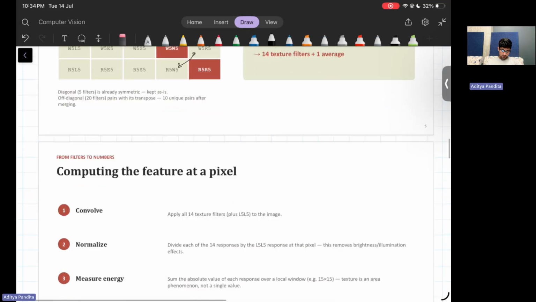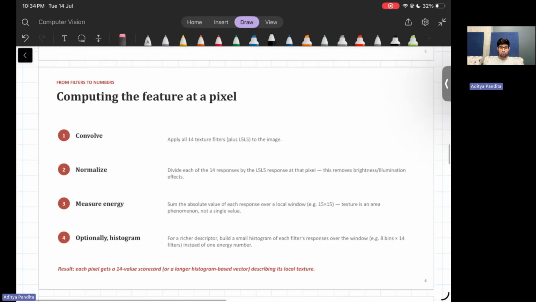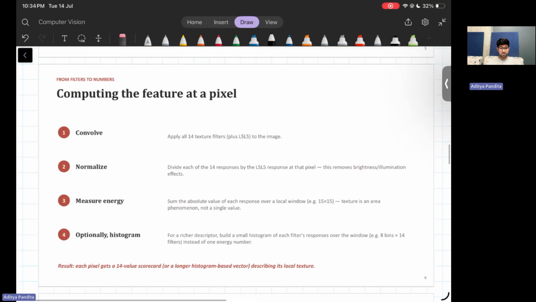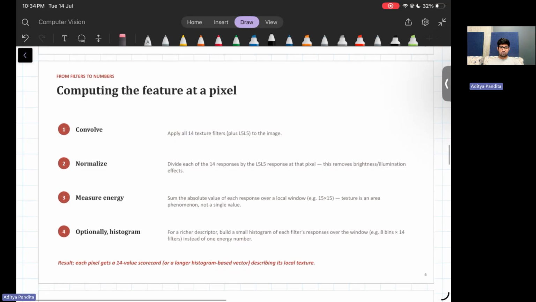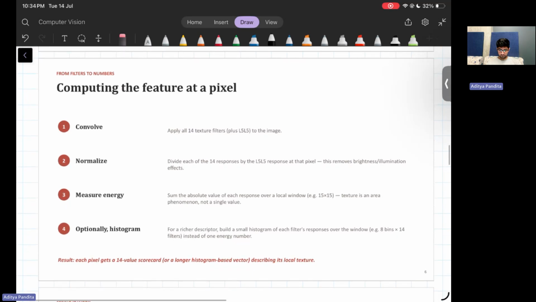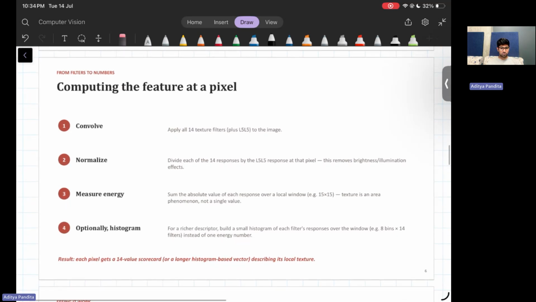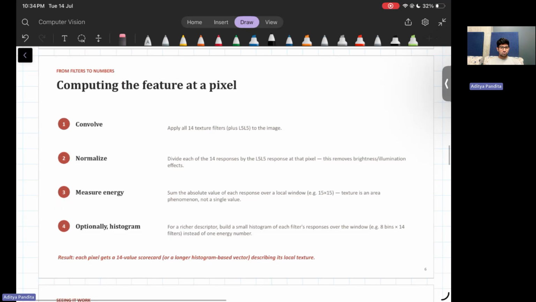Next, coming to computing the feature at a pixel level, from filters to a per pixel feature. Step one is convolve, which applies all 14 texture filters plus L5 to the image and derives 15 raw filter responses per pixel.